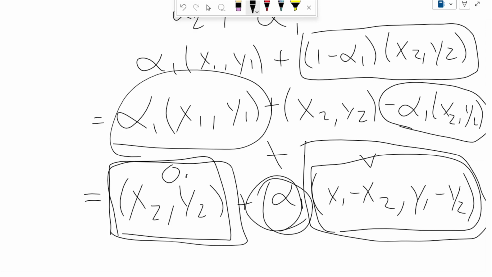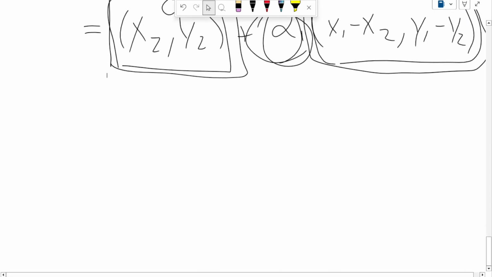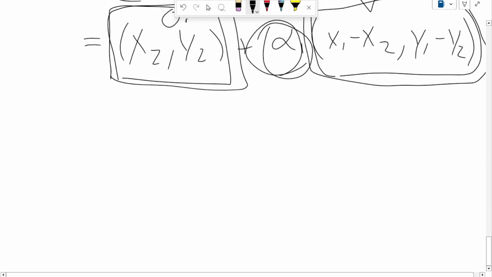All right. So this brings me to the definition of something called an affine set, or an affine space, as we're going to call it.